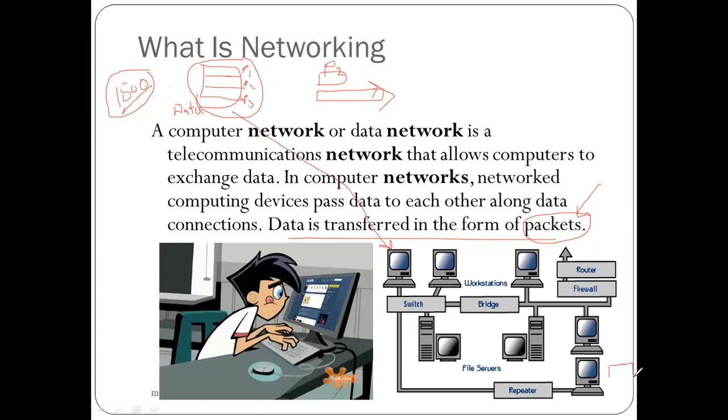Here we have P1, P2, P3. These three packets need to reach over here. One by one, packet 1 reaches, then maybe packet 3 reaches, and then they are waiting for packet 2 to reach. Once packet 2 has reached, you can say your entire data has reached, and then we can form the complete data. So that's why we are saying here that data is transferred in the form of packets.